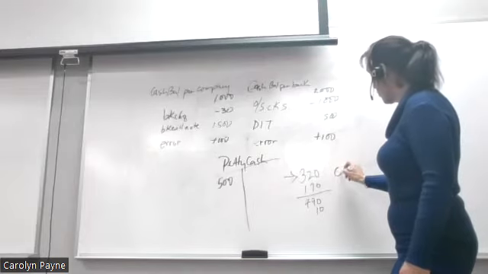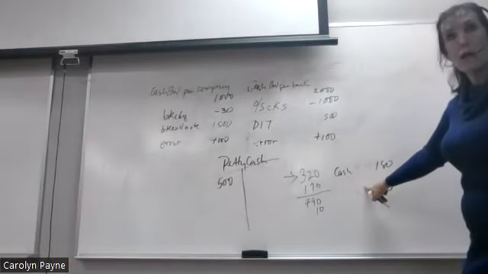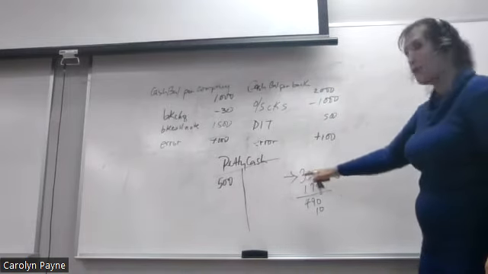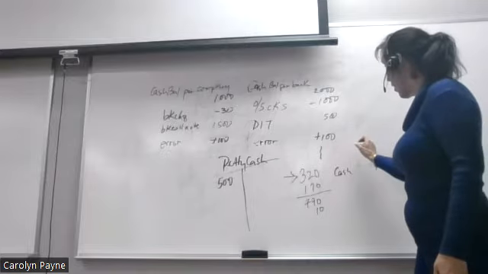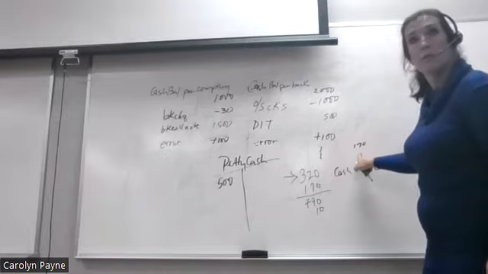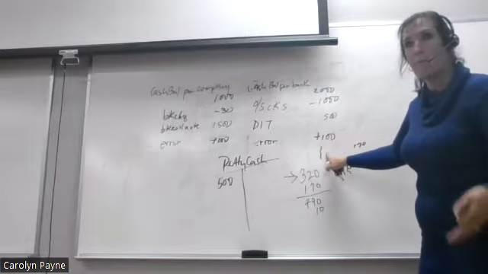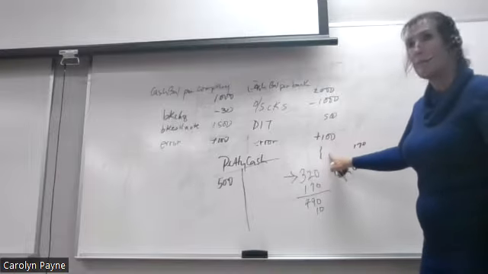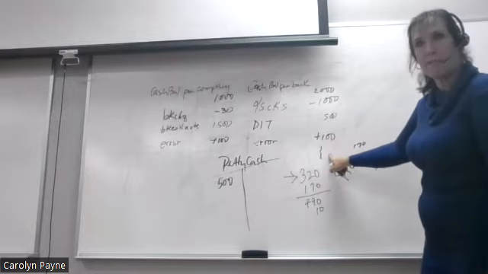So for that check, of course, we're going to credit cash for $180, because we're going to write a check for $180 to bring it back to $500. We have receipts for $170, so we're going to debit all of those accounts. If you spent it for toilet paper, you're going to debit supplies. If you spent it to validate somebody's parking, you're going to debit parking expense or travel expense or some expense account.